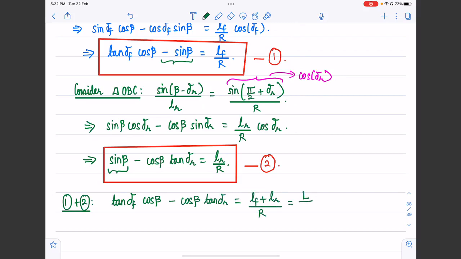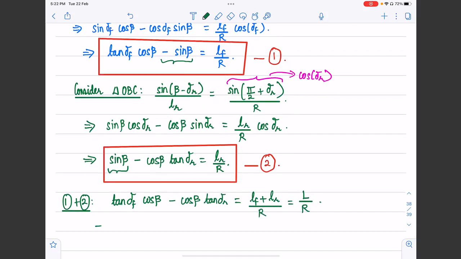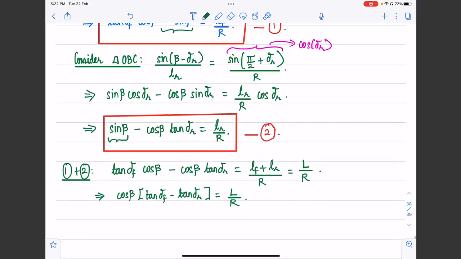It is the wheelbase, capital L. So this can be rewritten as capital L by R. I can pull cos beta common on the left hand side. I'll get cos beta times tan delta f minus tan delta r. That's going to be capital L by R.